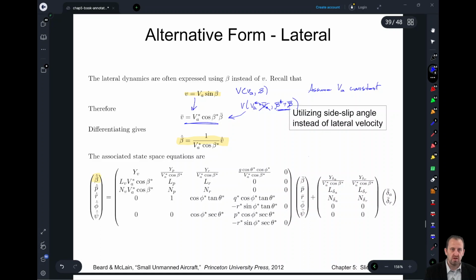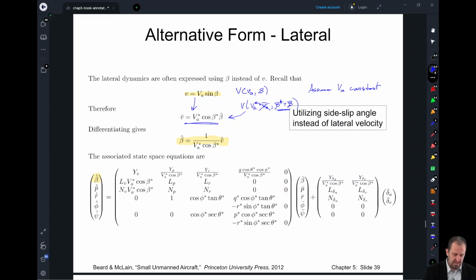So again, this is all for linearizing things and assuming that deviations are small, right? So if we take the time derivative of both sides, then we can solve for a time derivative of beta in terms of v. So there you have it.